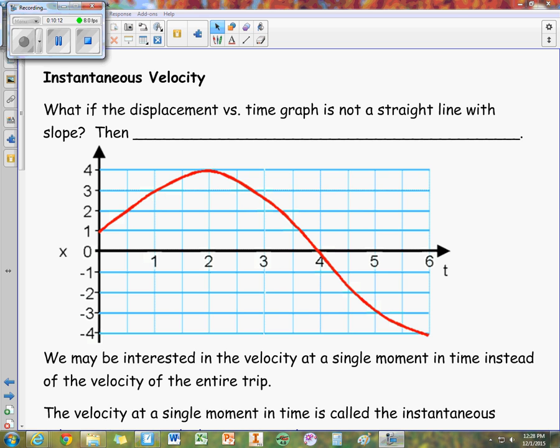Okay, well, what if the position graph looks a little more complicated? Well, in this case, we need to take a look at the slope of the tangent line. So looking at this line, we can choose several points where we could try to find the slope of a tangent line.